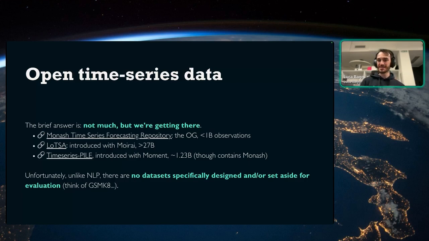And this seems like a lot, but if you think about what's happening with data in the NLP domain, so large language models, we realize that this is incredibly small. When we talk about models like Llama, we're talking about 15 trillion data points. So like three orders of magnitude more than we actually have. And even these are just private data sets.